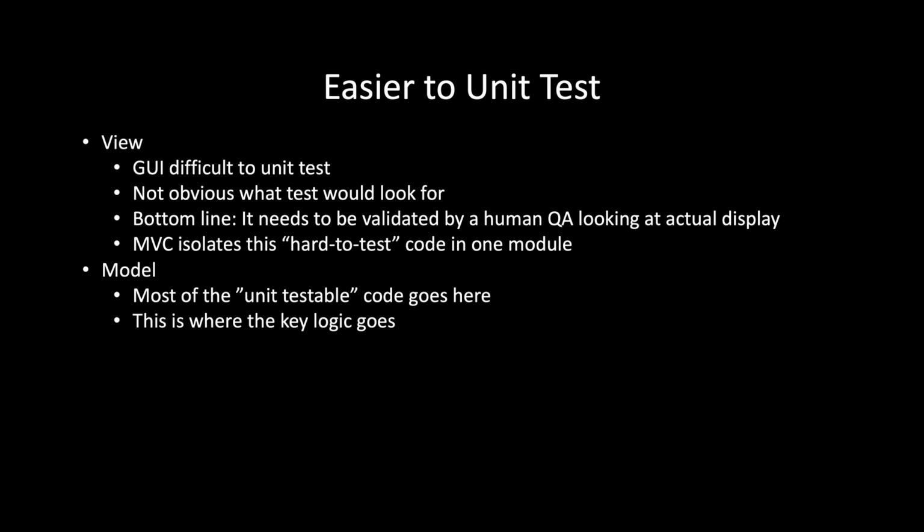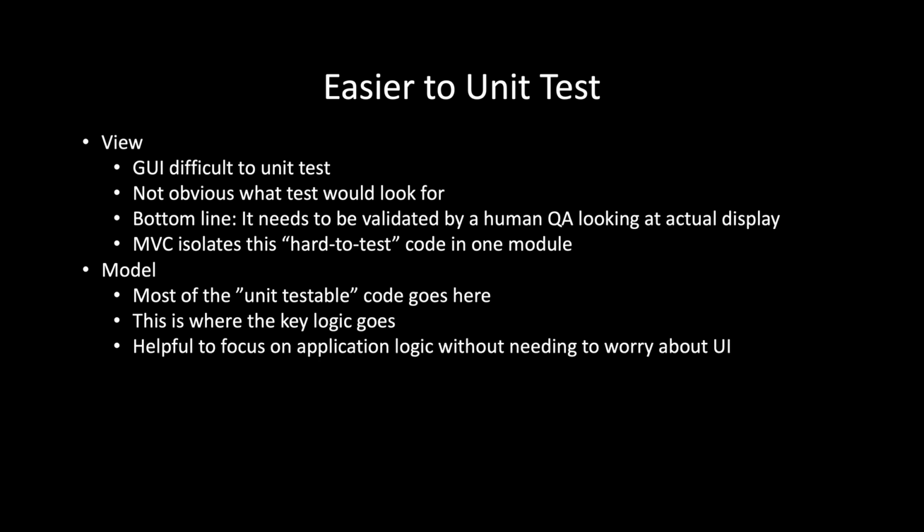And in some sense, this is where the important logic of your application goes, whether it's the game rules or just the logic that makes your application, like in the world of web, something unique and different, your algorithm or whatever your niche is. So by isolating all of that in the model, you can focus on those key aspects of your application without having to think about the view or the controller.